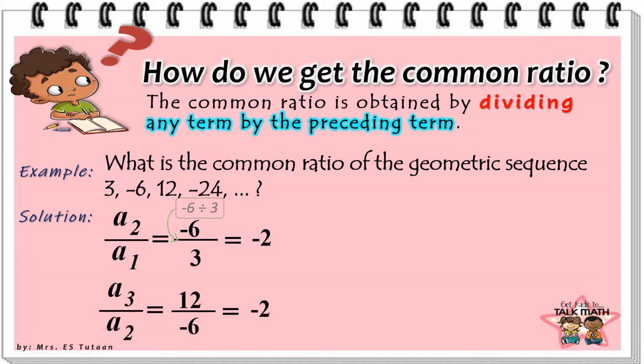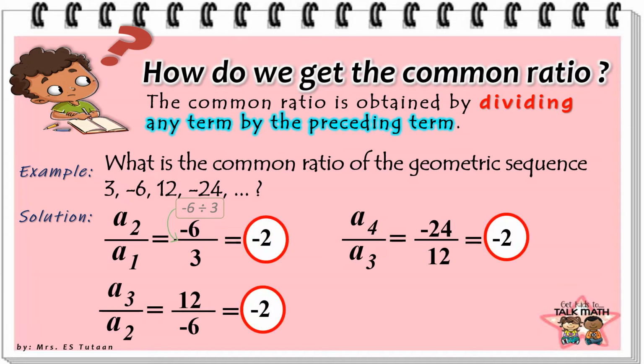And that will give us negative 2. And we still have another pair of terms to divide. We have a sub 4 divided by a sub 3, that is equal to negative 24 divided by positive 12. And that will give us negative 2.